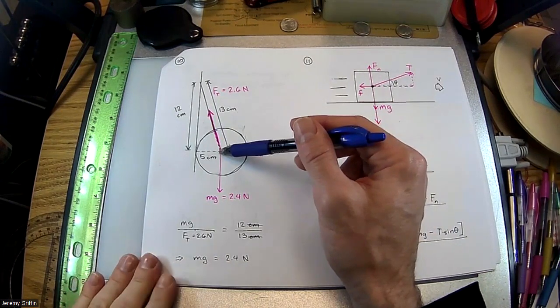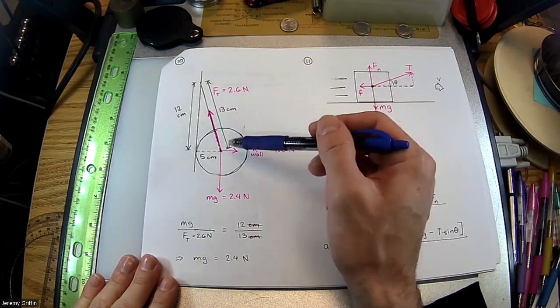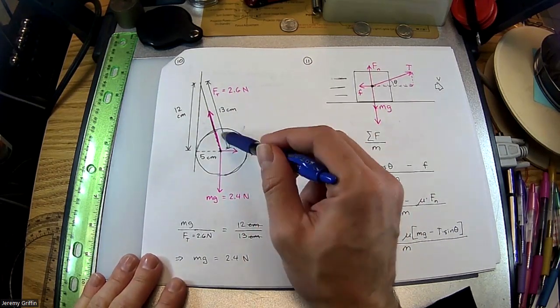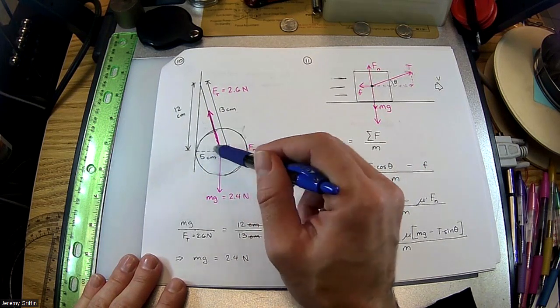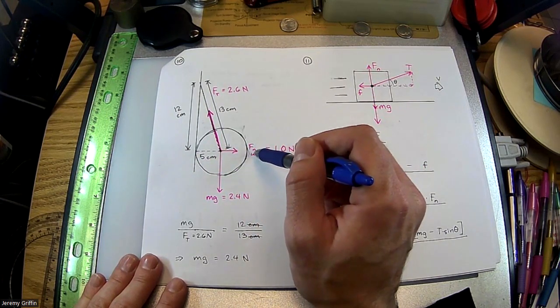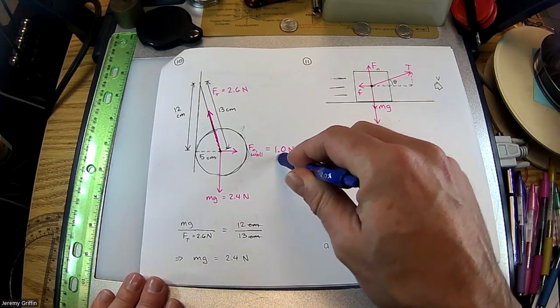The tension in the string is pulling up and to the left. The amount it pulls up has to balance with the weight of the disc down, and the amount it pulls to the left has to balance with the normal force from the wall to the right, which they didn't ask you, but I wrote that in here anyway.